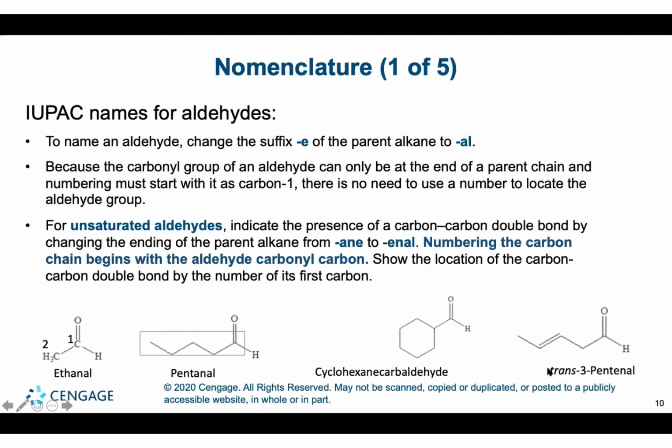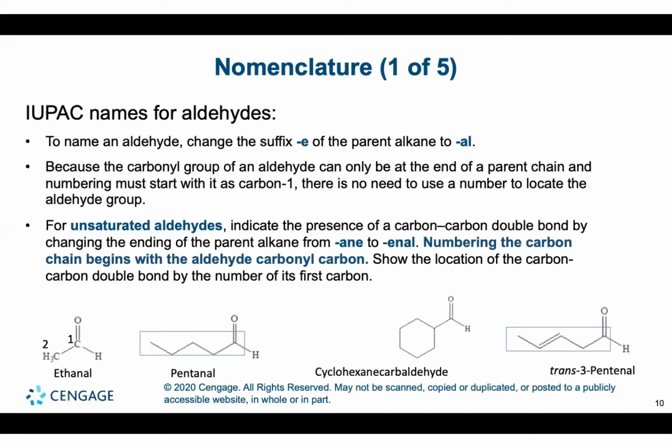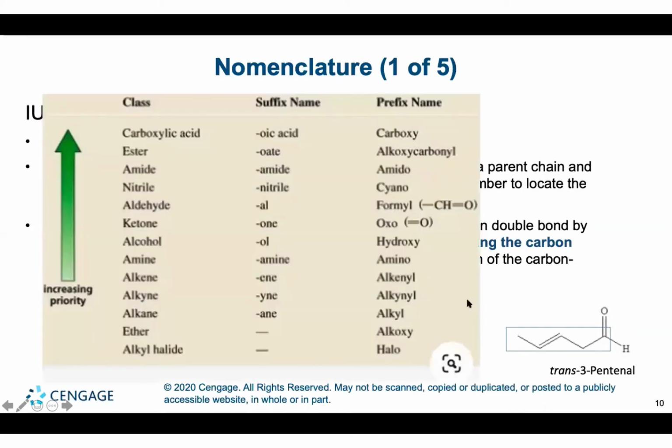Whenever you have a double bond and an aldehyde, which one do you think is the priority? The aldehyde. So you can see that's the priority table, which one is more.